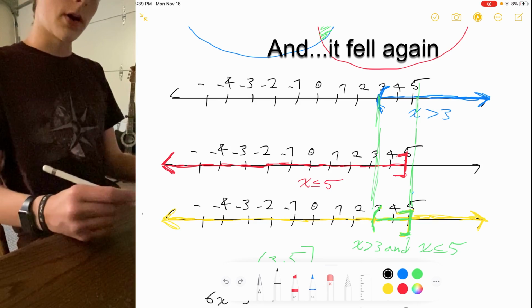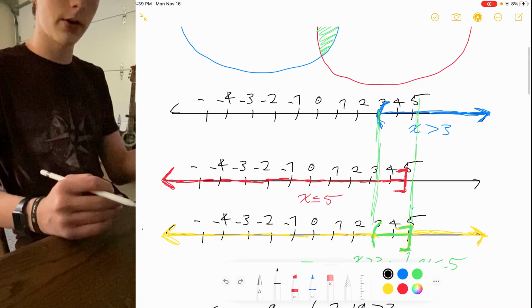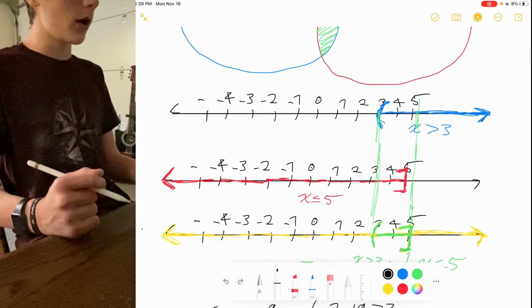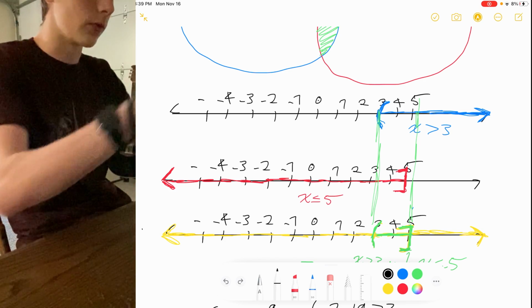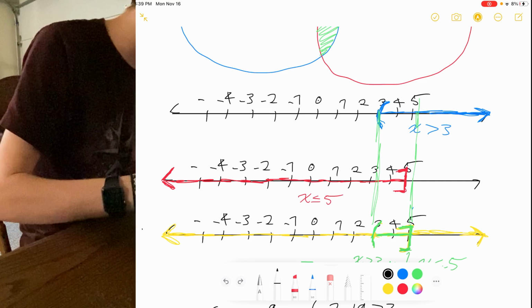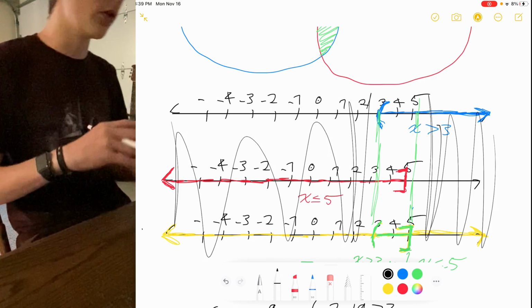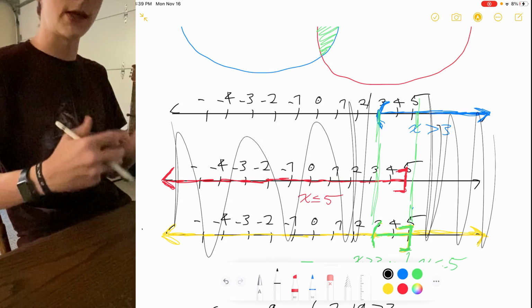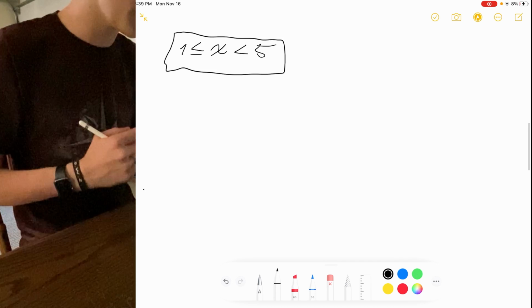When we have or, that's like the situation that we had up here before, except that instead of combining these and taking out, in this situation we got rid of everything over here and everything over here. Well, when it's or, we're just going to keep everything.